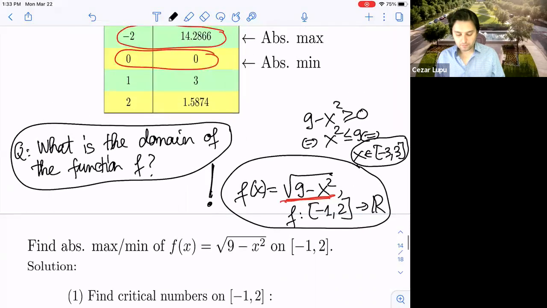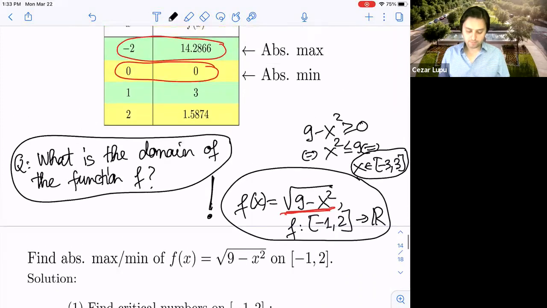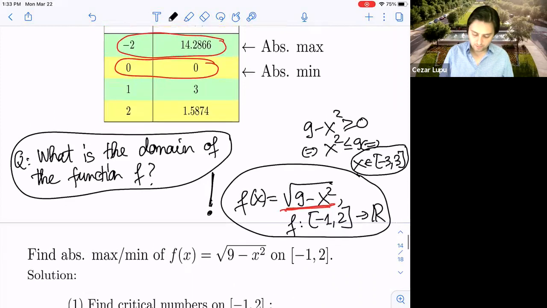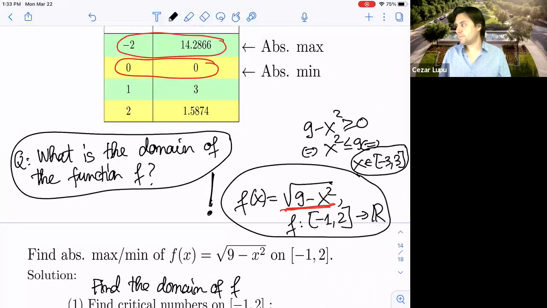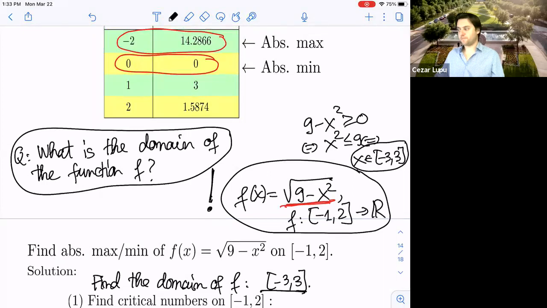Okay, let me write here. So first, find the domain of the function f, which is [-3, 3]. So we need to find the critical numbers on that, right?